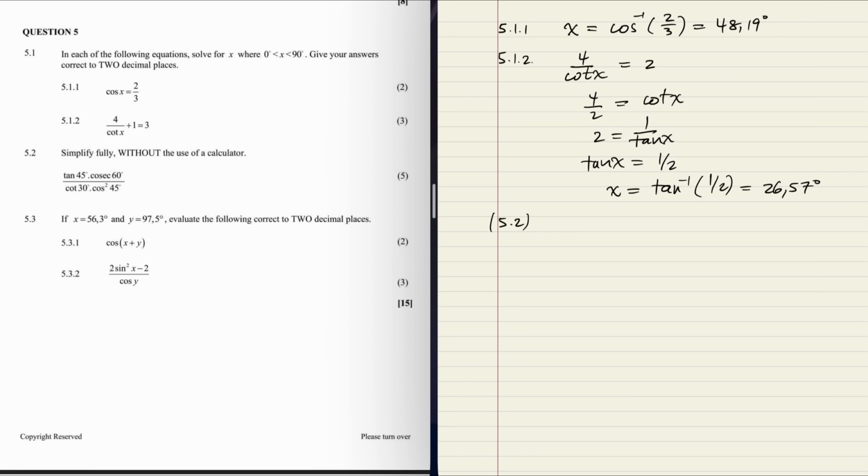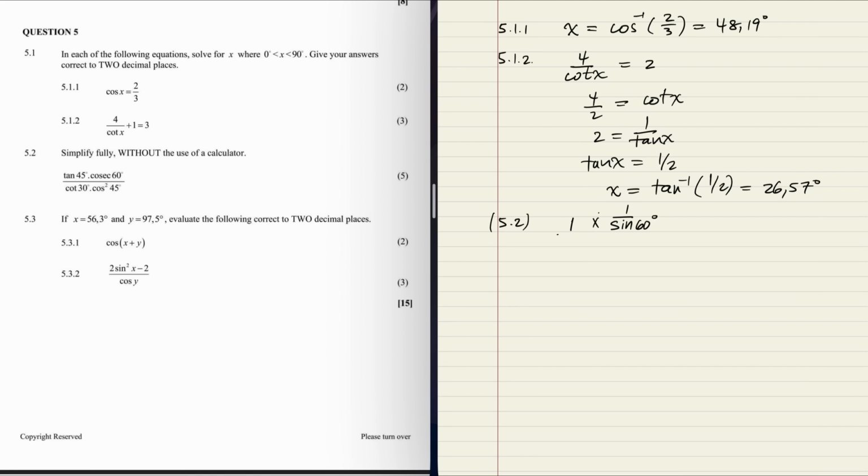Now what we need to do here is recall our special angles. So tan of 45 degrees is simply going to be 1. Then cosec of 60. Cosec is the reciprocal of sine, so that's simply going to be 1 over sine of 60 degrees.